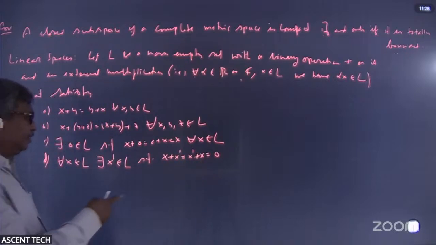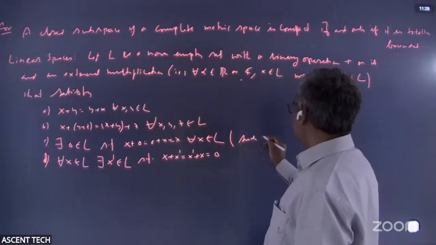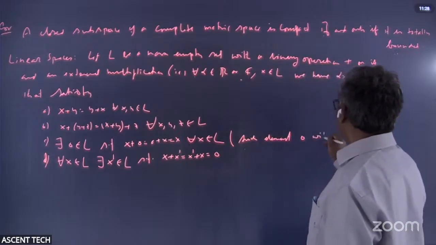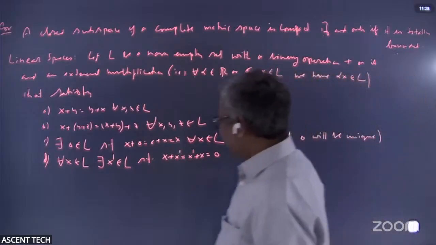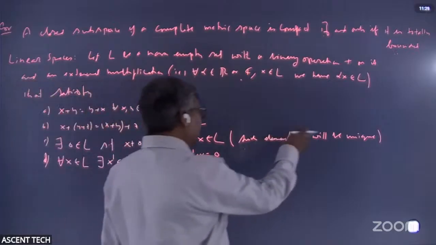Actually, if there is a 0, it's very easy to show that such a 0 is unique. You won't have more than one. You don't insist on the uniqueness, you actually prove uniqueness.